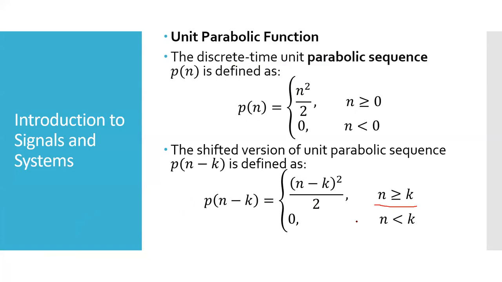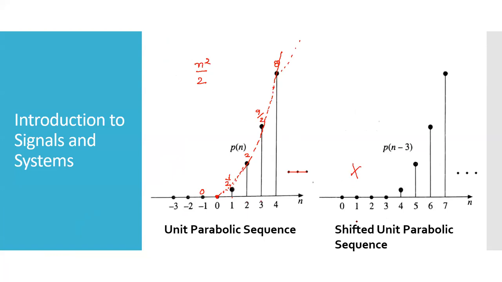This is the shifted version of the unit parabolic sequence. Fine. And you have to draw it like this. Understood? Let me draw it for you.